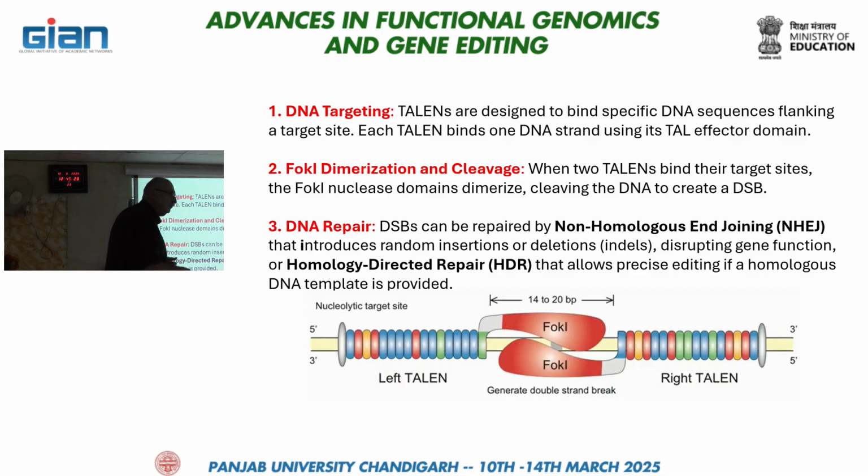One which will repair it, so it means there will be no change, no mutations, and the second with random insertions or deletions if the non-homologous end joining pathway is used. By the way, insertions and deletions are called indels together, just to remind.